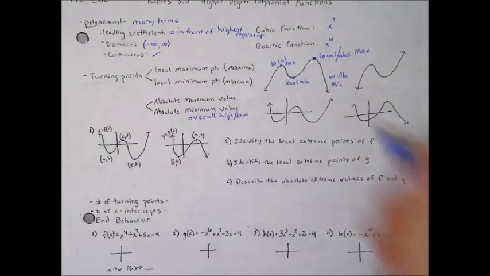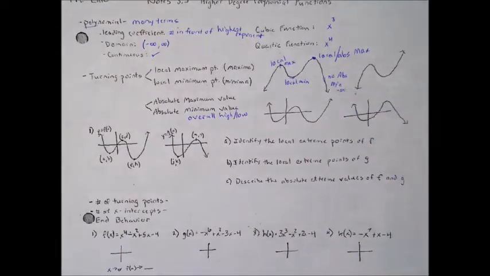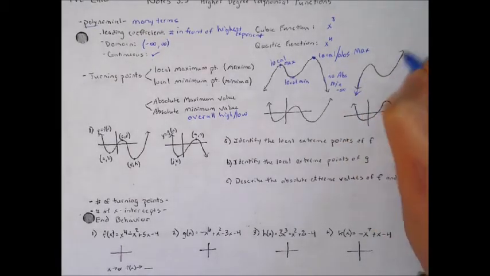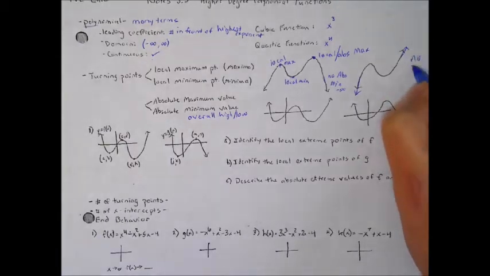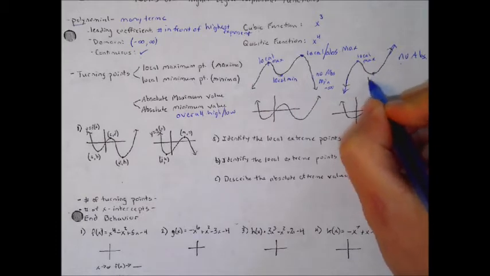I guess you could say the absolute minimum would be negative infinity, but we can just say there's no absolute. Okay, so this one here, since it goes down, down, down, and up, up, up, there's no absolute max or min. Okay, but there is a local max and a local min.